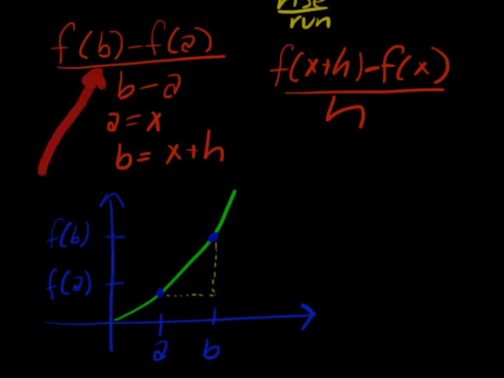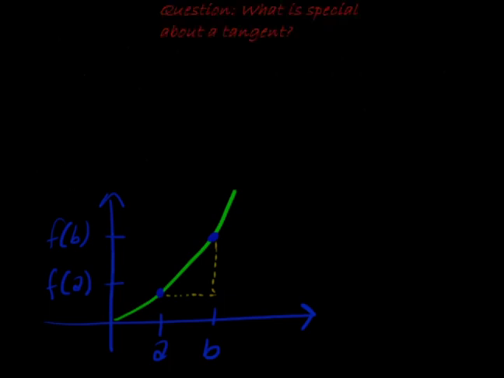So how then is a tangent a special kind of secant? So here's a question. What is special about a tangent? So what happens when we take this drawing? Let's make it specific. So let's say that a is 1 and f of x will be x squared, and let's make b 2.